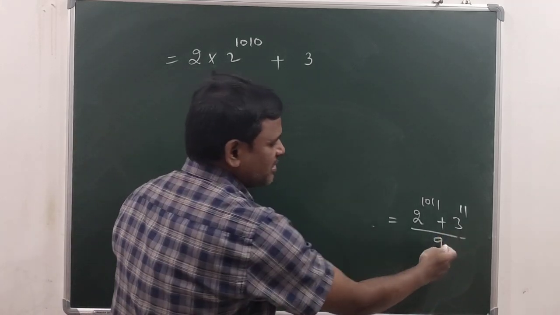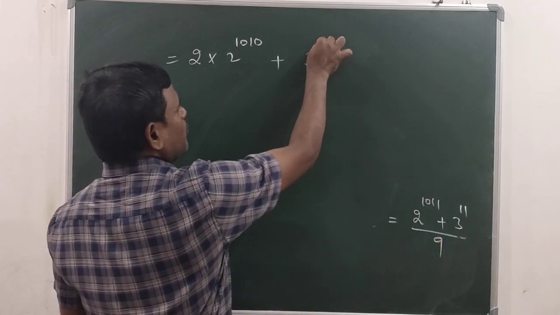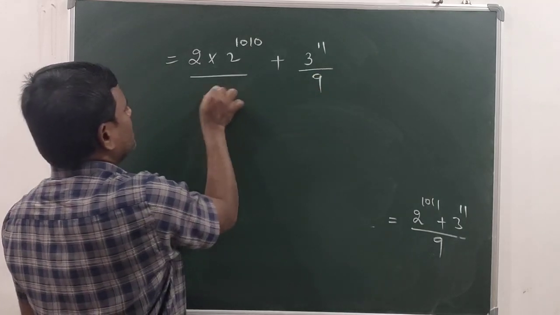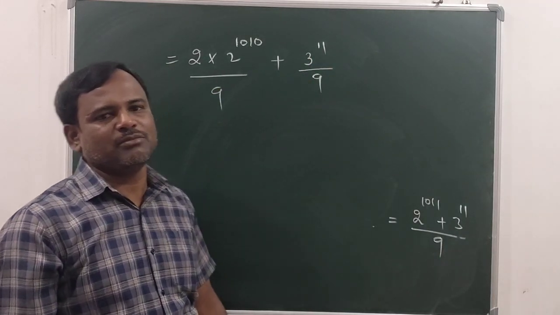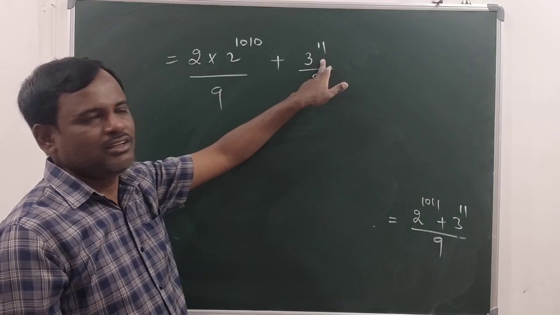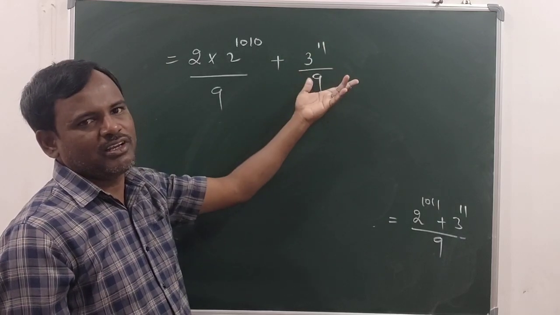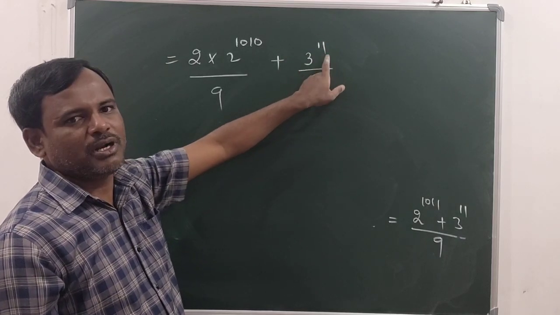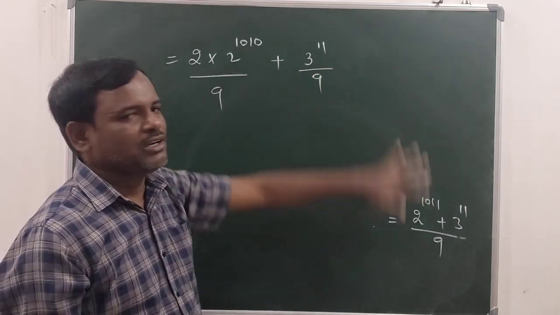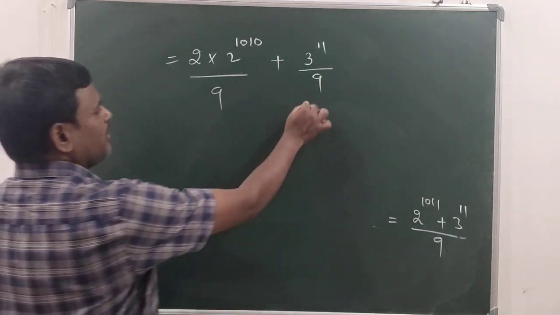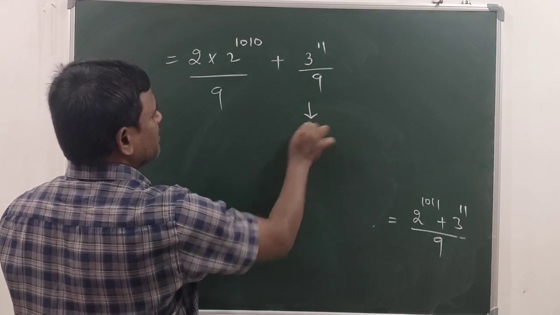When you divide this by 9, your remainder would be 0, because 3 power 11 means 3 multiplied 11 times. 3 threes are 9, so this is a multiple of 9 only. Hence when you divide a multiple of 9 by 9, your remainder would be 0.